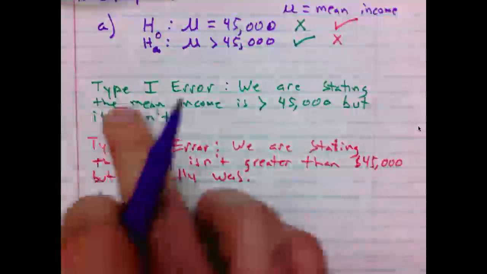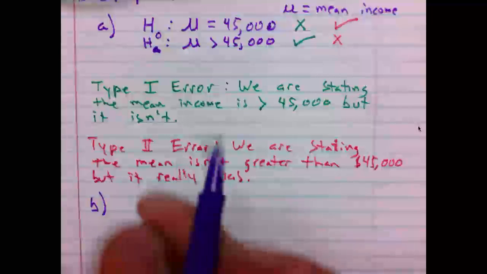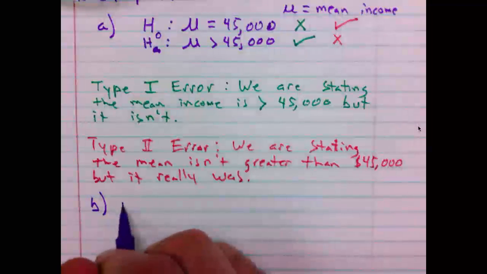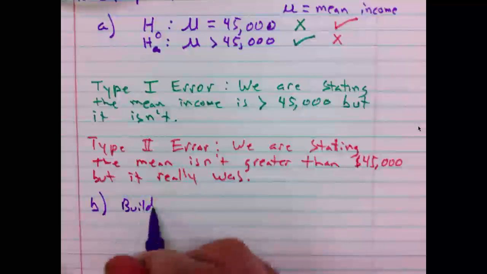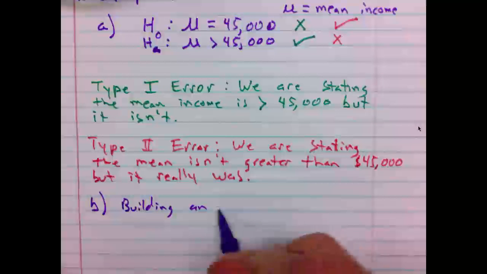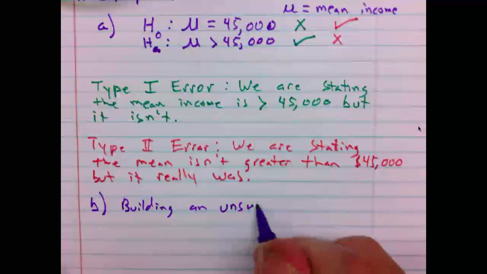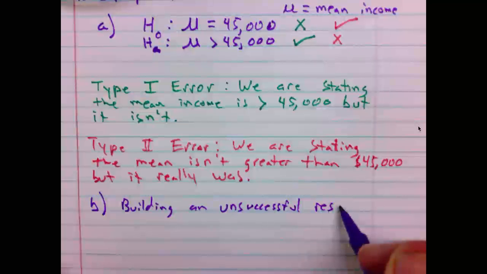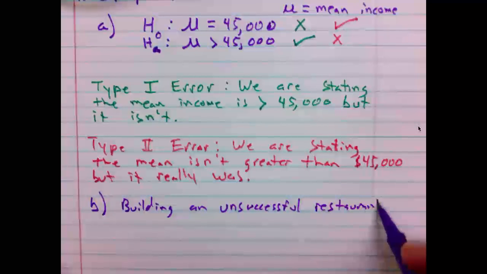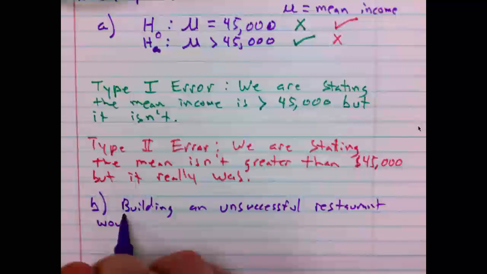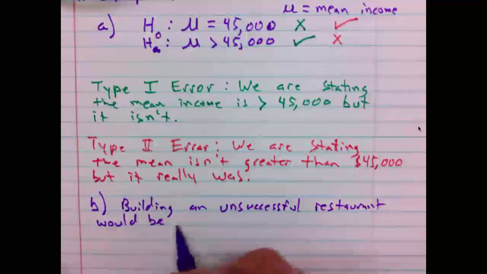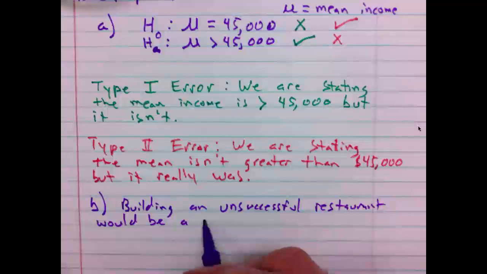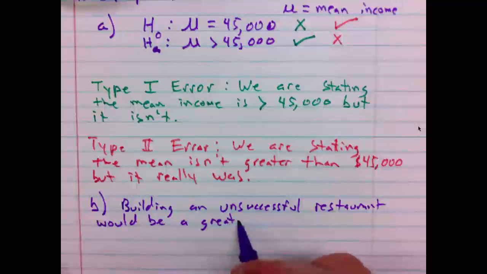For me, I'm going to say this is the worst error. Building an unsuccessful restaurant would be a greater error.